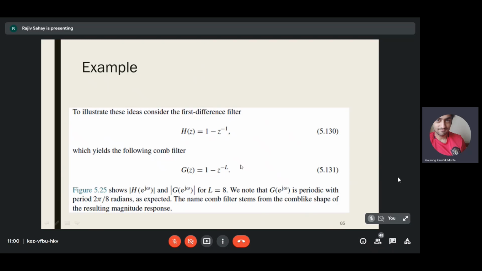So if you look at G of z, by introducing z to the power minus L instead of z to the power minus 1, then you will get a comb filter G of z equal to 1 minus z to the power minus L. For a particular example, L equal to 8, G of e to the power j omega is periodic with period 2 pi by 8 radians.